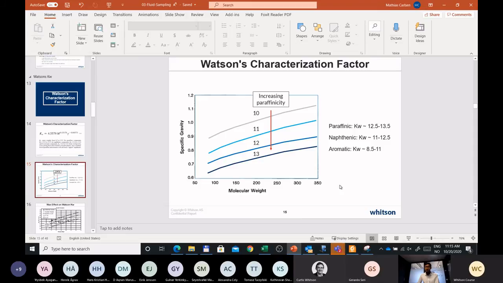So in that case, one option is just to go with the correlation. For example, if you have calculated a Watson characterization factor of 11 for one sample, you just assume that it works fine for the entire range, or you go for a TBP measurement.